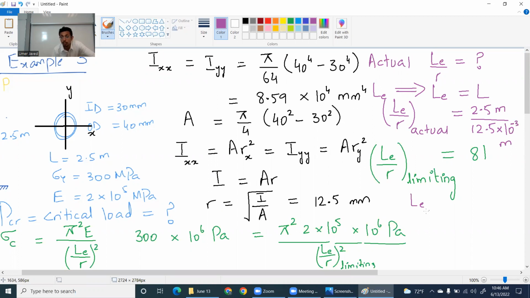So LE over R actual comes out to be 0.2, okay, it comes out to be 200. Yeah, 200. Okay, now that you have done it, now you will arrive at the final thing.